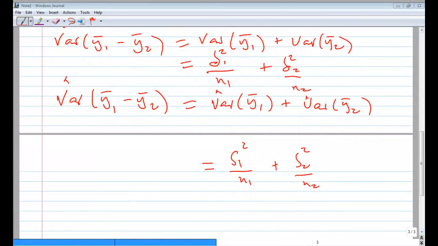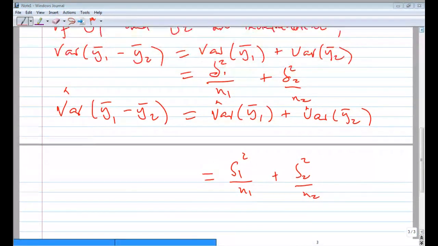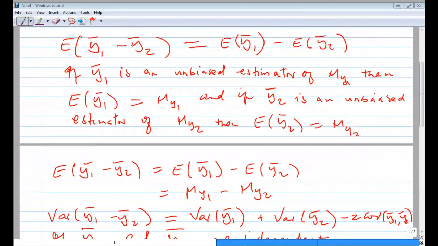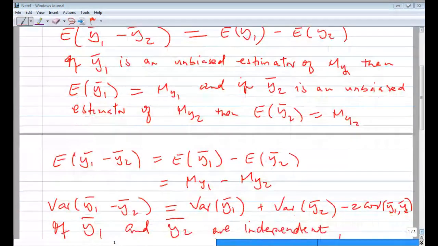Okay. So now let's quickly go to the example and see how can we apply this. Is there any question before we go to the example?